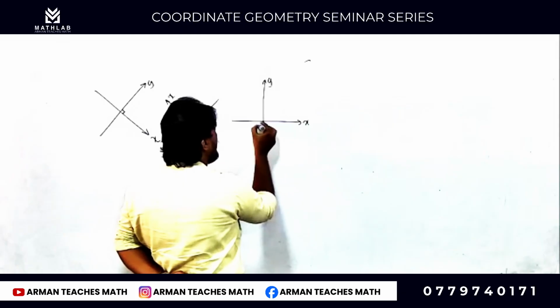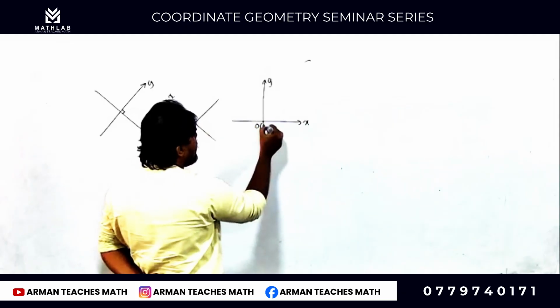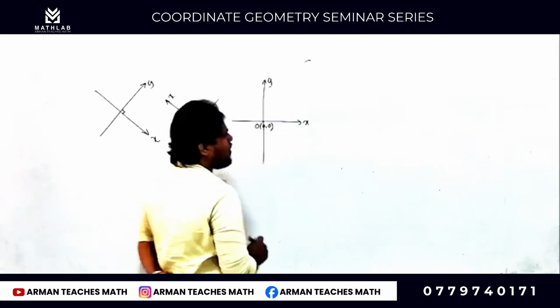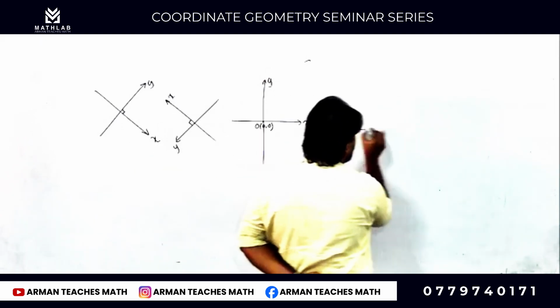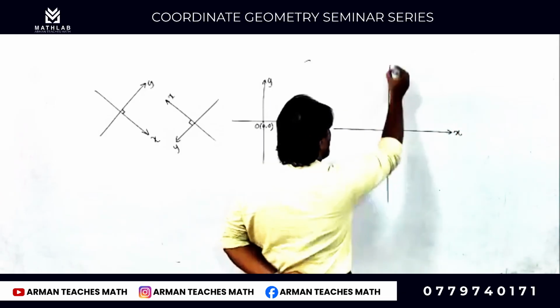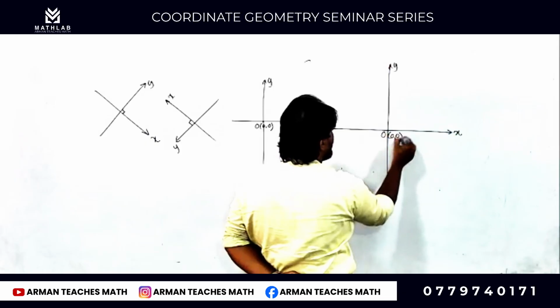This is the origin. Everyone has an origin. I'll mark the origin 0, 0. In a standard Cartesian plane, we discuss the x-axis and y-axis, and I'm going to mark some coordinates. This is 0, 0.